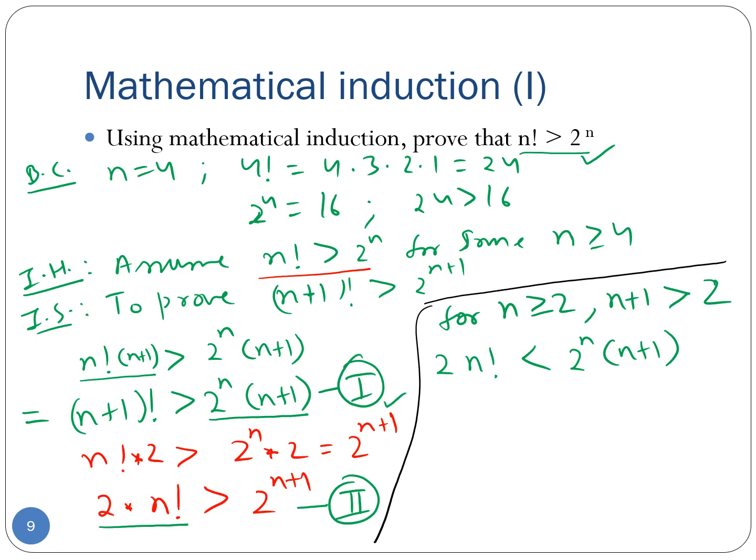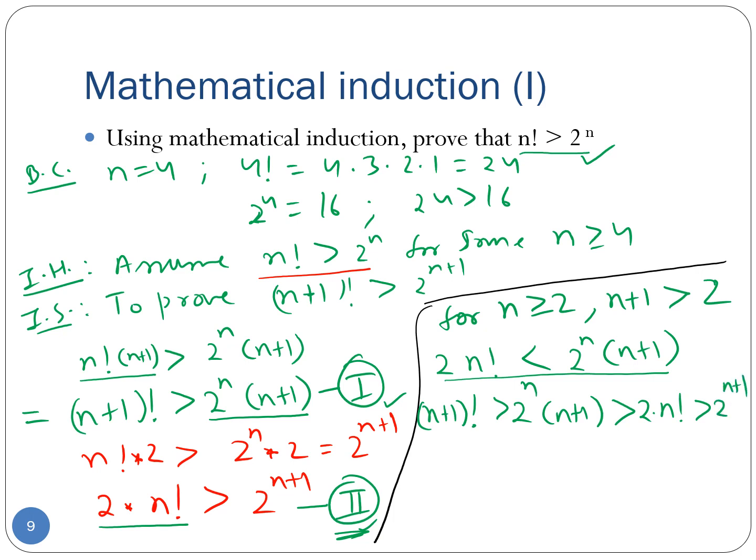So in other words, from the first and second results, we know that n plus 1 factorial is greater than 2 to the power n times n plus 1, and this value is greater than 2 times n factorial, and the second result tells us that 2 times n factorial is greater than 2 to the power n plus 1.